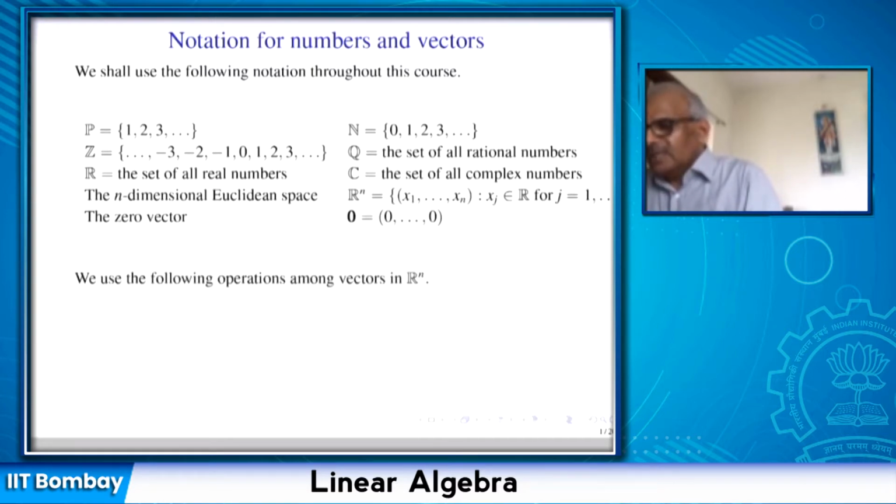We have the following standard operations among vectors in Rn. We can add two vectors with components x1 up to xn, y1 up to yn, and alpha will be a real number. So if we are adding real vectors, we can use alpha to denote the scalar, which is a real number.